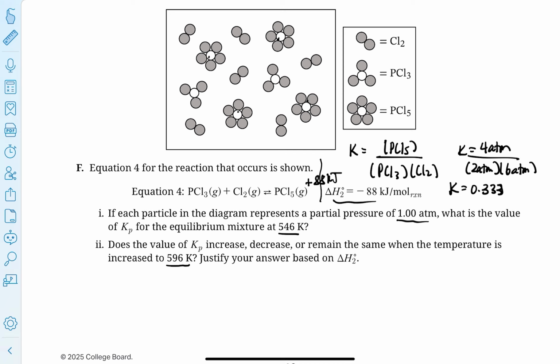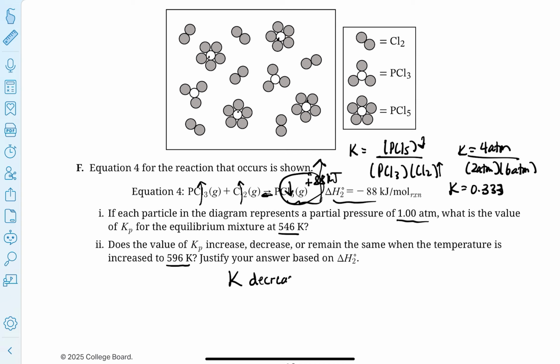So if I increase the temperature, then according to Le Chatelier's principle, PCl5 will have more energy that it can combine with or absorb with, and that is going to shift my equilibrium to the left. So the equilibrium will shift left, causing the reactants to increase in pressure. So if I go to my K expression, my denominator will go up, and my numerator, the PCl5, will decrease because it is getting consumed by the extra heat, because it's shifting to the left. So that will cause K to be smaller.